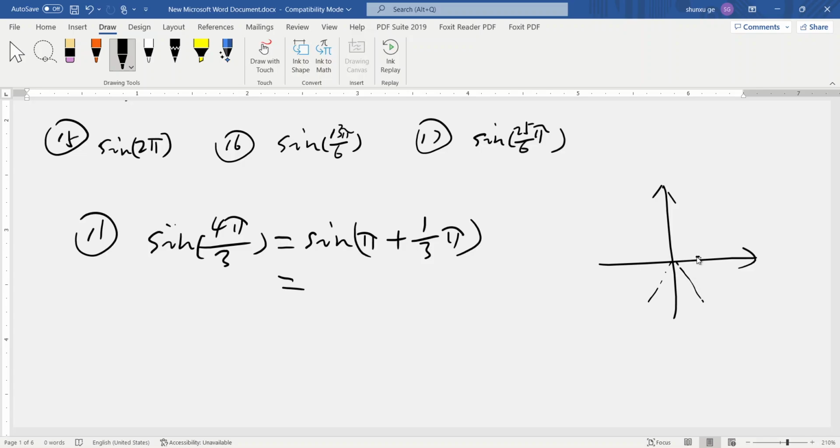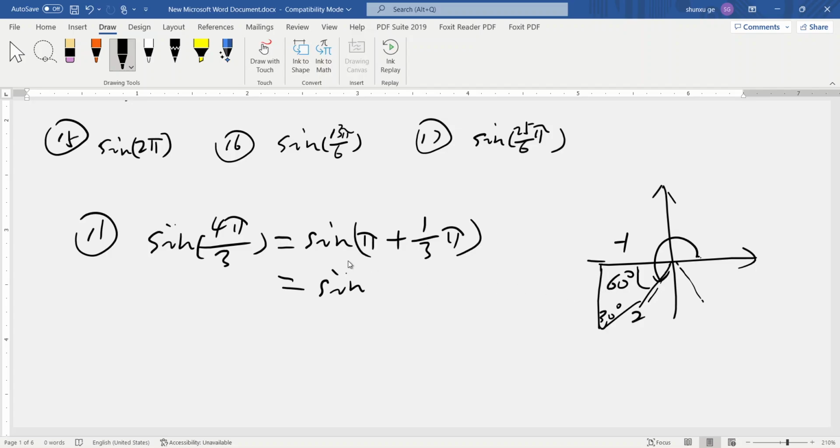Okay, here, this reference angle. So this is 60 degree, 60. So that means, not very exactly, here this one should be 30 degree. This should be 1. This should be 2. But this one should be negative.